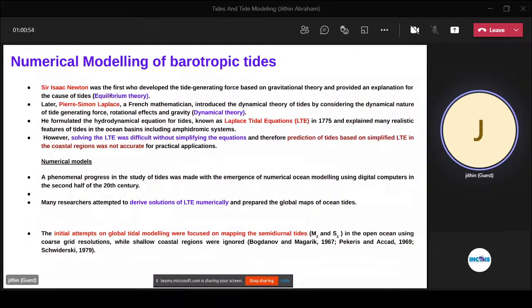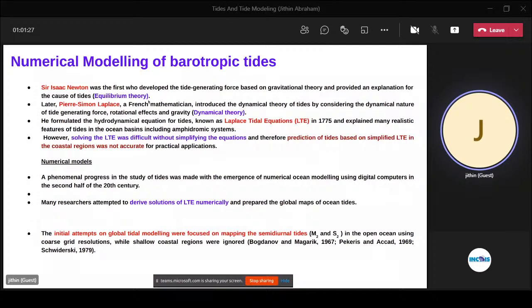The first convincing theory of tides was provided by Sir Isaac Newton. He was the first who proposed the tide generating force based on the gravitational theory and provided an explanation for the cause of tides. In his theory, he considered the earth to be covered fully with water, with uniform depth, and no continents in the ocean.